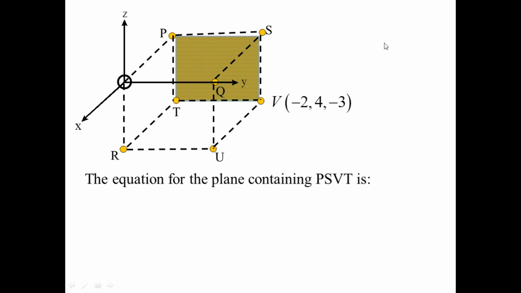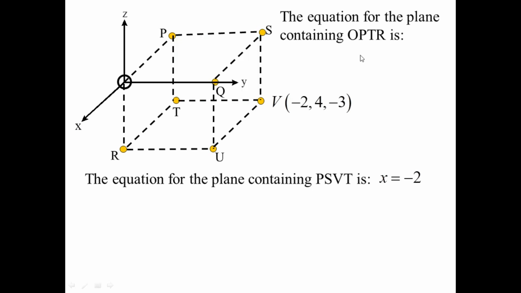So x must equal -2 there. The equation of the plane containing OPTR, okay, this plane, that one. Well, it looks to me like it's the side wall. It's the side wall of this classroom. Sometimes there's windows in it. And so the thing is, it's just the equation of that. As long as y equals 0, we're on that plane.